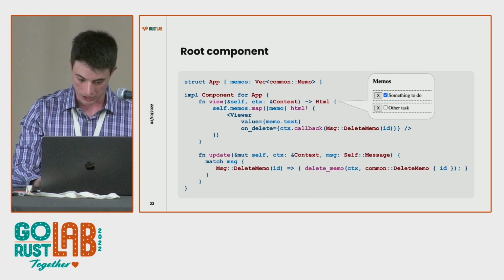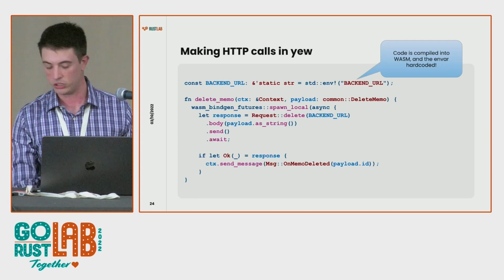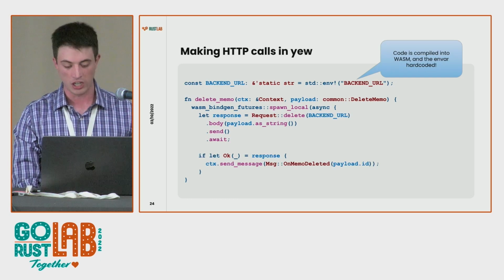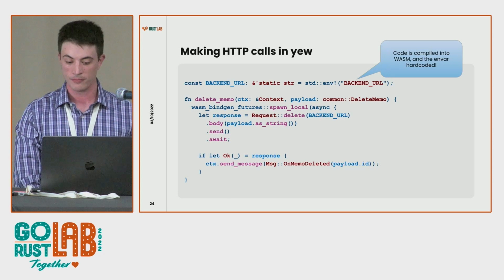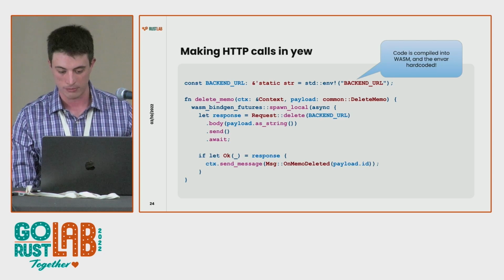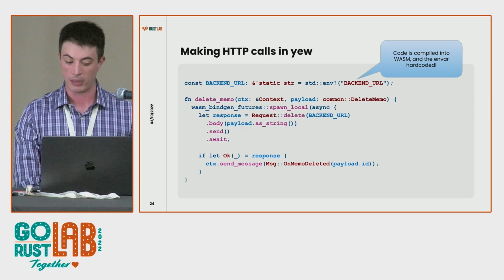And this function, this delete memo payload, is defined here, and it's just going to make an HTTP call to the backend. So you see that all it does is just spawn a WASM future to run code asynchronously. And all we do is make a delete call to the backend, using the payload as body.